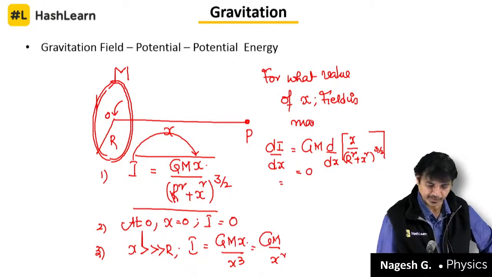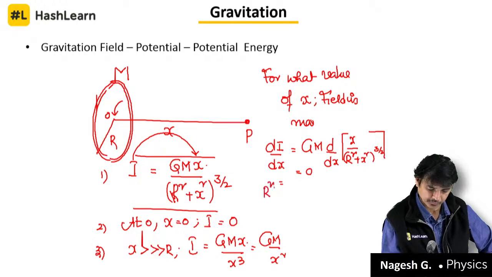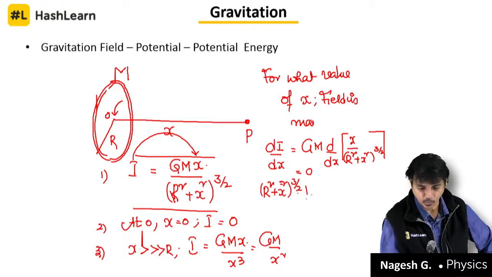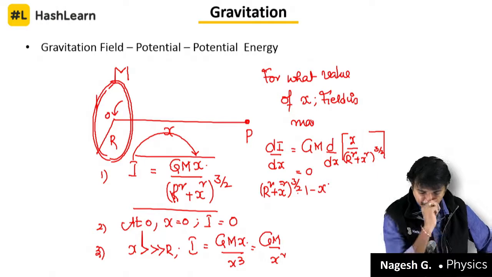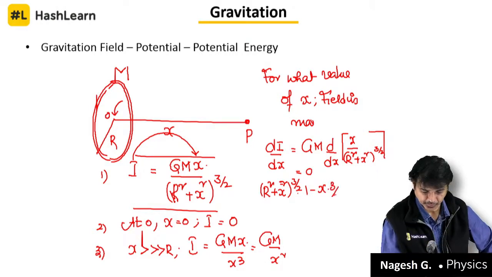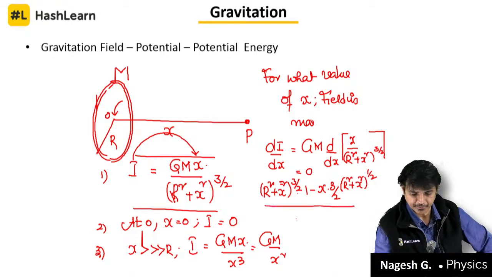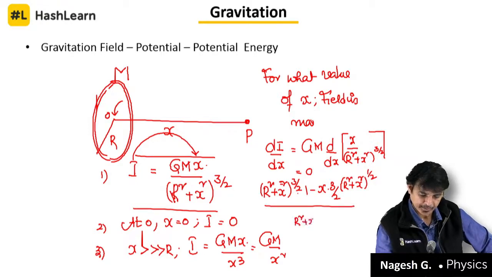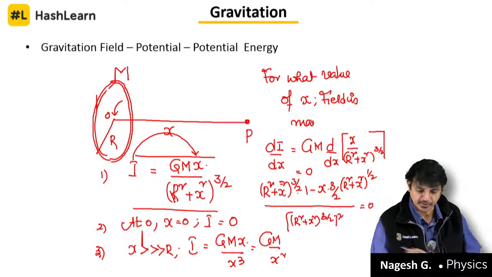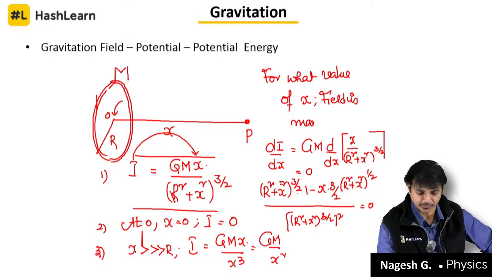d by dx of this, it is in the u by v format, (r square plus x square) to the power 3 by 2. Derivative of x with respect to x is 1, minus x into, it is in the format x power n, 3 by 2 (r square plus x square) whole to the power of 1 by 2, divided by (r square plus x square) whole square, that will be equal to 0. This is already according to the calculus. So 0 into this will be equal to 0.